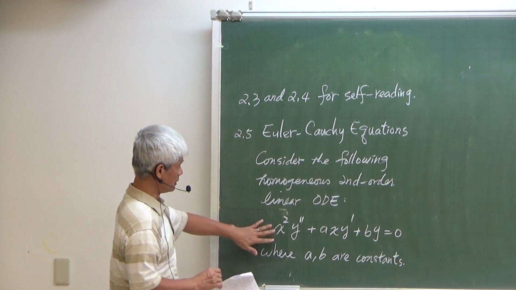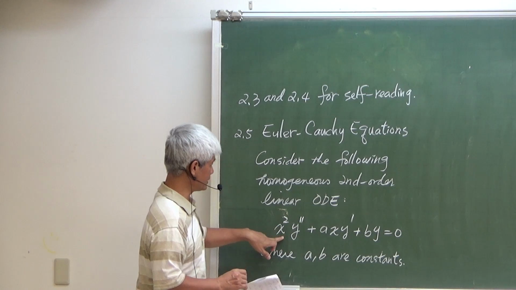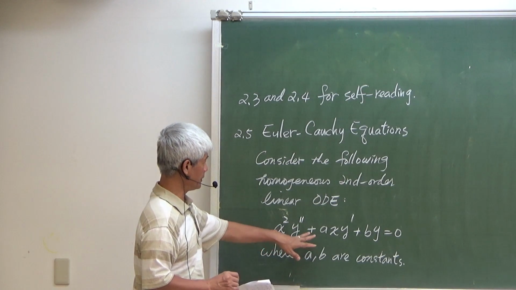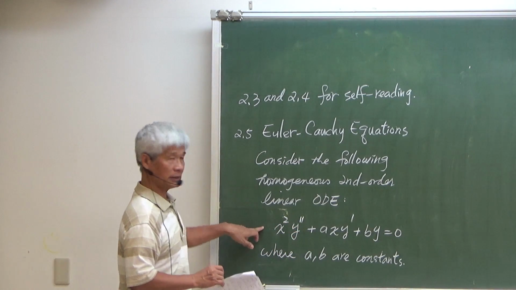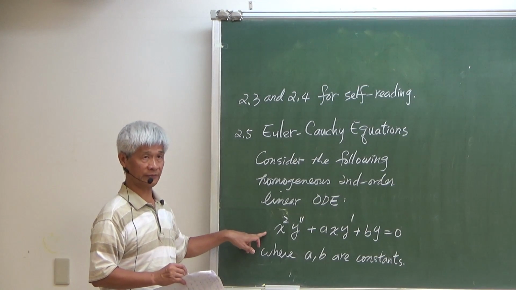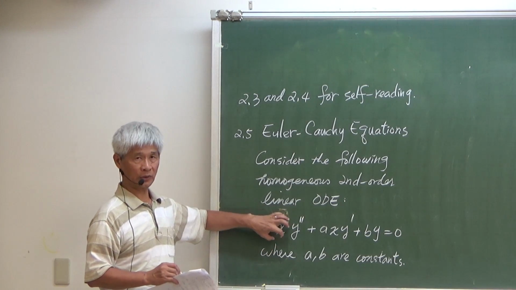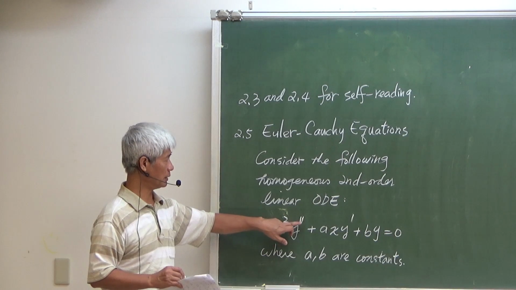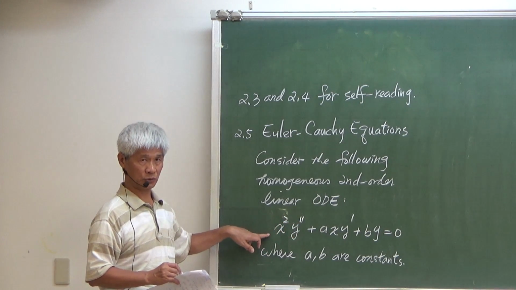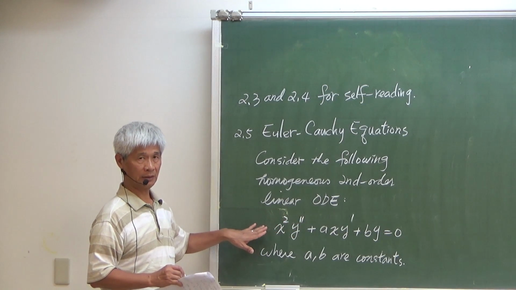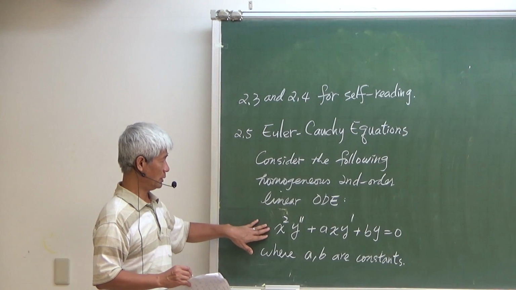Okay, so by observation, you can see that this ODE is not in the standard form because the coefficient of y double prime is not equal to 1, so it's not in the standard form.